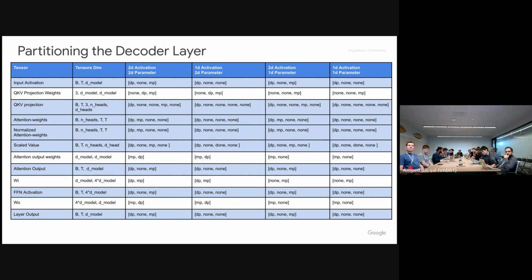And in yesterday's session, I also referred people to read the GSPMD paper, which goes into the whole gory details of all kinds of partitioning, and basically arrives at the 2D activation and 2D parameter, which can be called the 2D sharded version, and is also called fully sharded. So this is basically the maximum we can shard the computation.